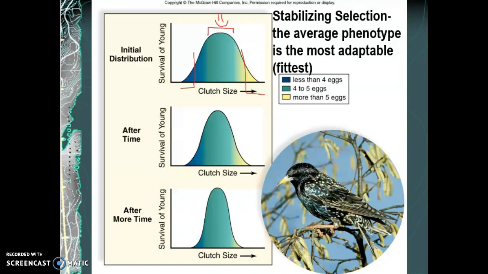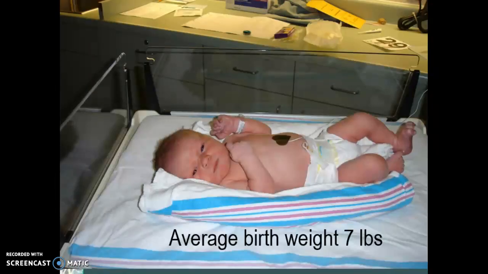So you start with this broad population, a lot of diversity, and then over time, the average is the most common phenotype and genotype. The example in humans is birth weight. Human birth weight.